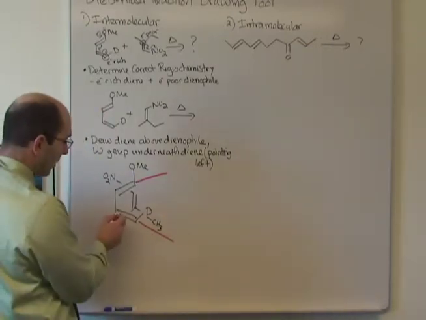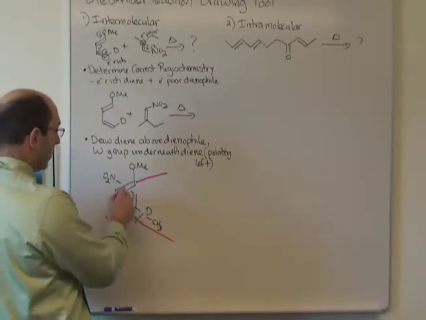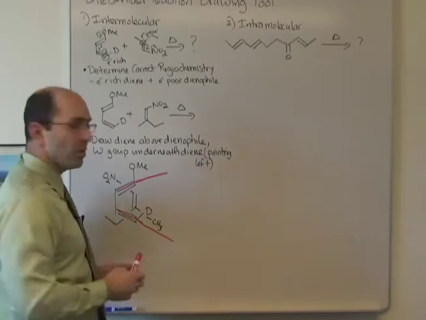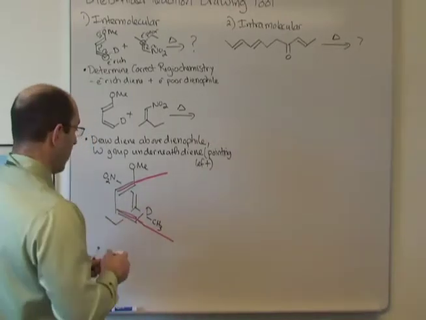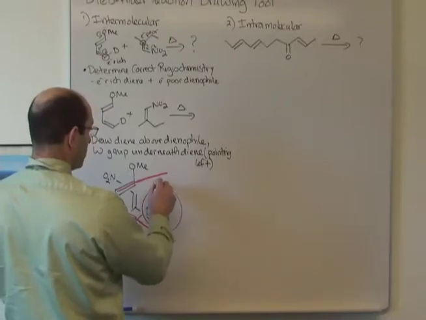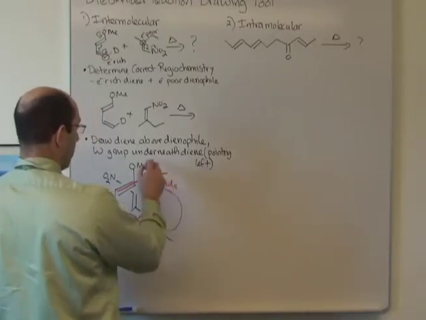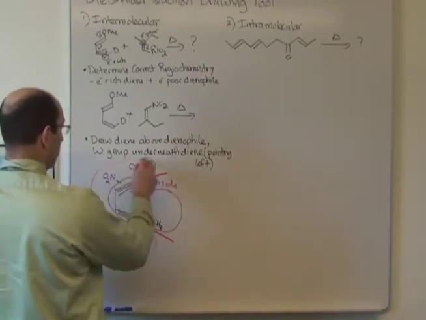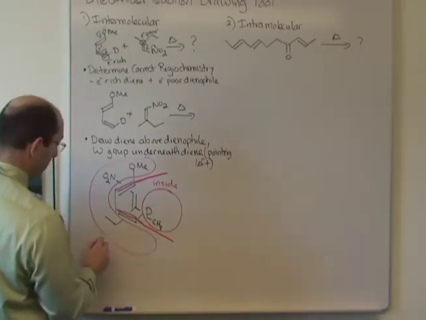So essentially I'm just extending that diene bond so that we have two regions that we're going to look at. We have one region here that we're going to call inside, and then we have another region that we're going to call outside.